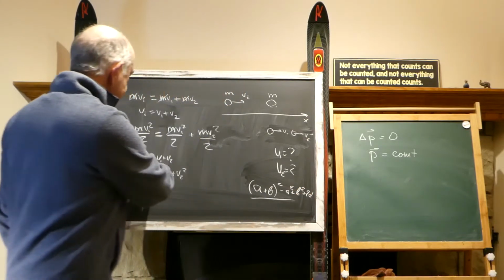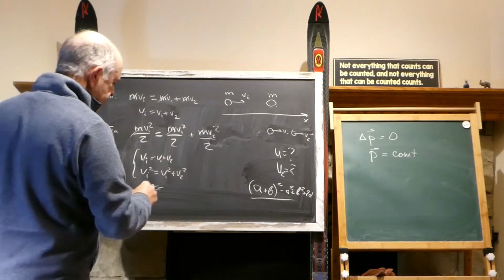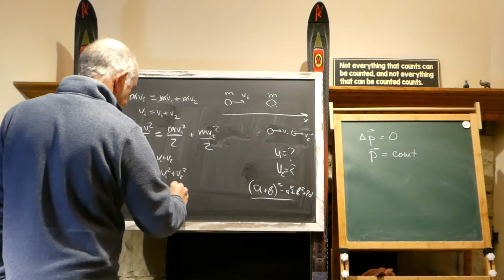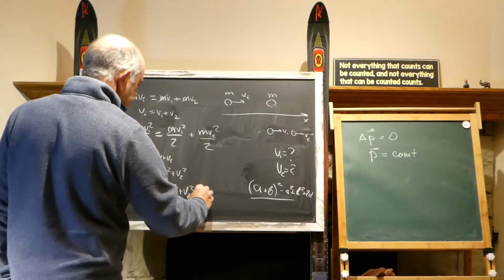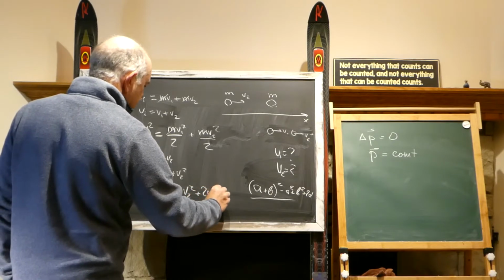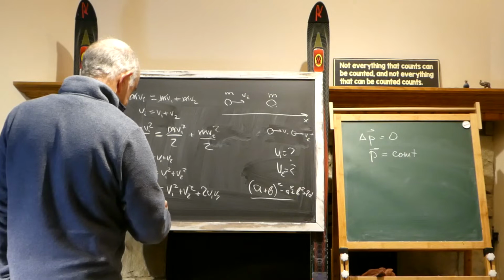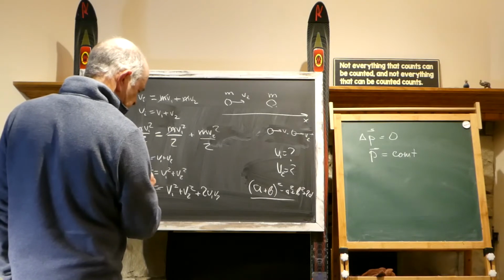And in this case, a is v1 and b is v2, so it would be v1 squared plus v2 squared plus 2 v1 v2. And the second equation would be as this.